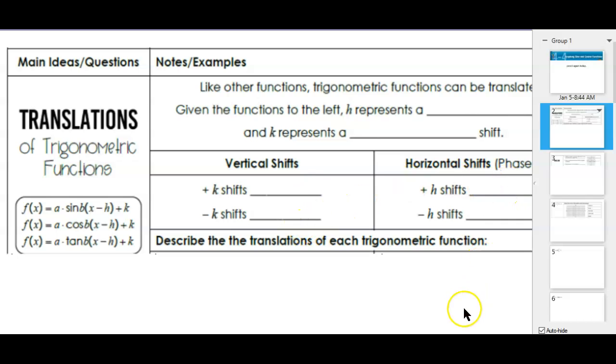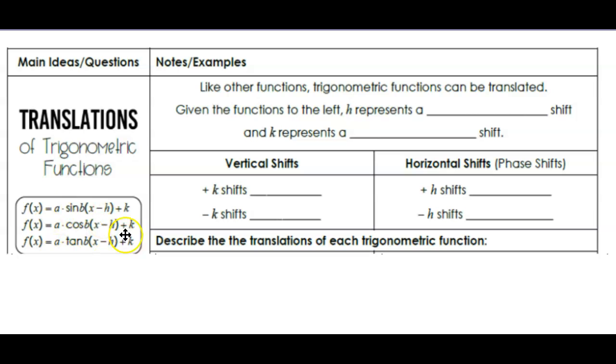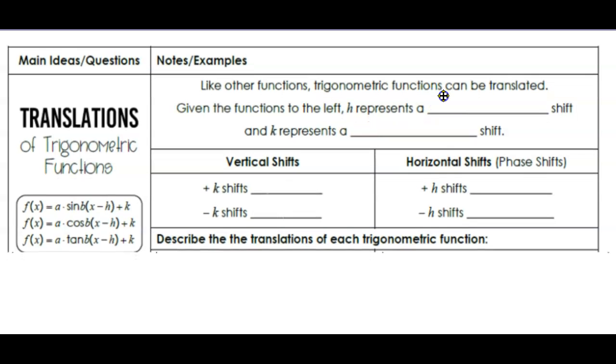So the idea today, and again, we're using this setup over here, is that like other functions, trig functions can be translated to the left or right. H represents a horizontal shift, which in trig is called a phase shift.